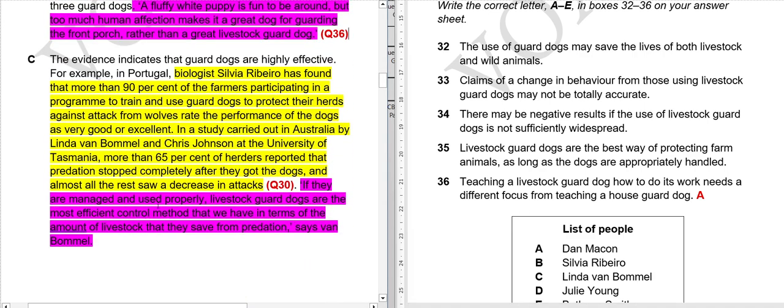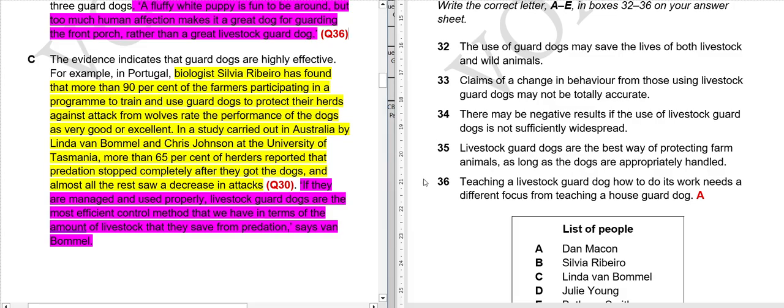If they are managed and used properly, livestock guard dogs are the most efficient control method that we can have in terms of amount of livestock that they are saved from predation, says Van Bommel. So first, the use of guard dogs may save the life of both livestock and wild animals.